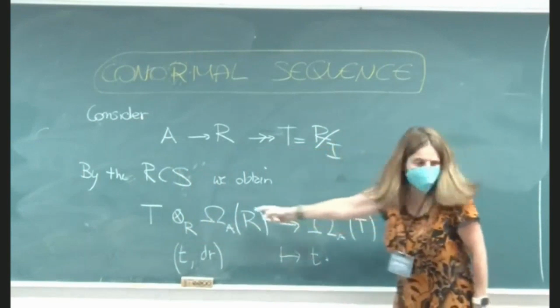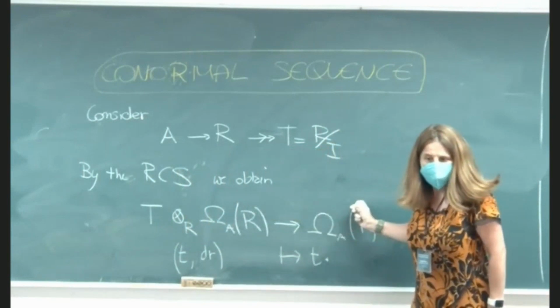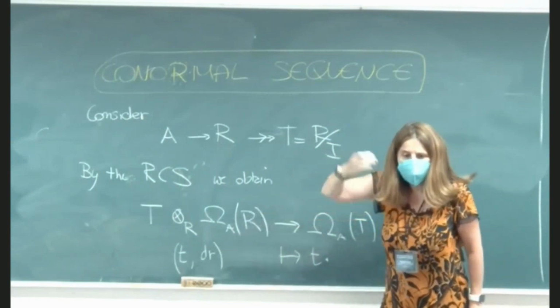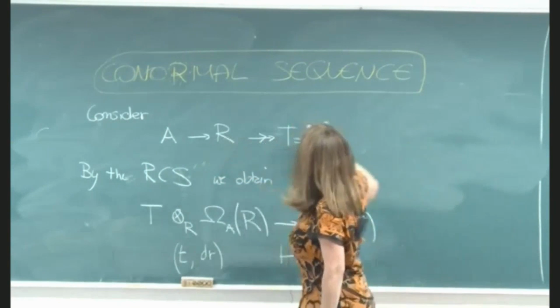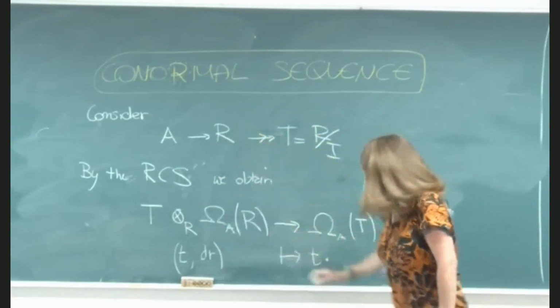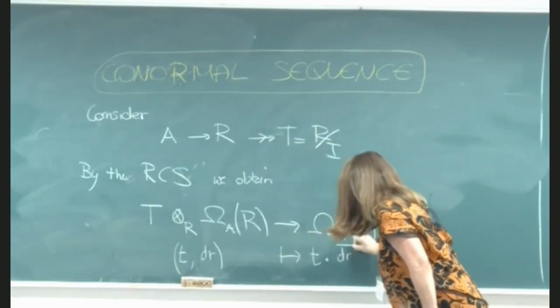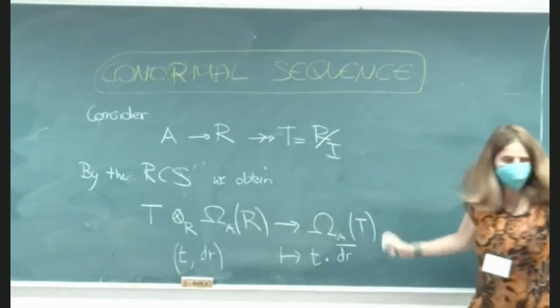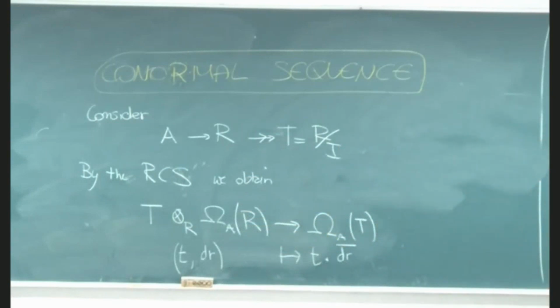But remember that T is an epimorphic image of R, and remember how we can define the module of differentials of T in terms of the one of R. And so this is just dr bar, the image of the differential from this guy to this guy. So we get this nice sequence.